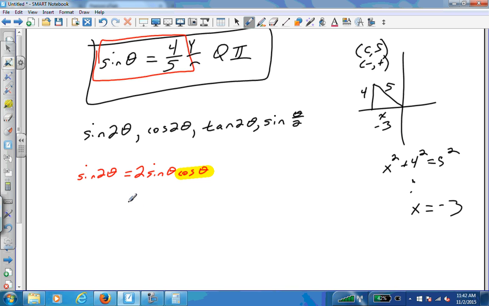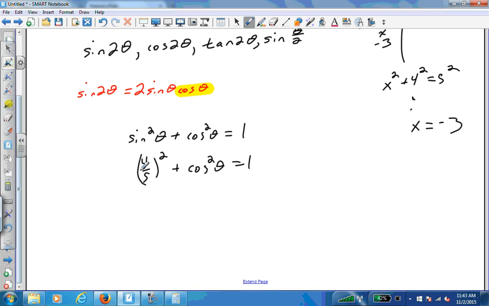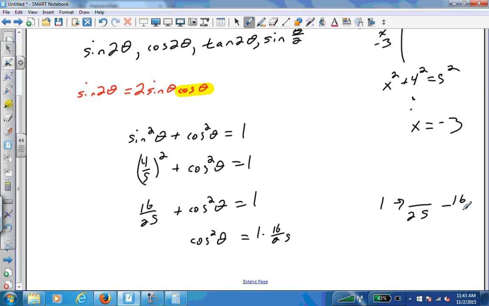Other way of figuring it out, we know that sine squared plus cosine squared is always what? 1. So if we know sine, if we take that and square it, add that to cosine squared, that has to be 1. So 16/25 plus cosine squared has to be 1. If we subtract that from both sides, cosine squared is 1 minus 16/25. Let's see, how many 25ths is 1? 25. So cosine squared is 9/25.